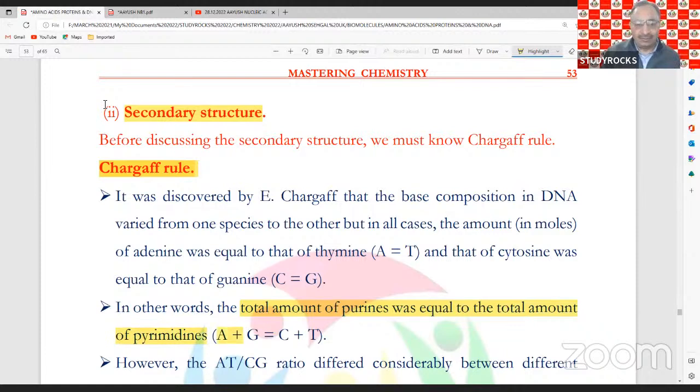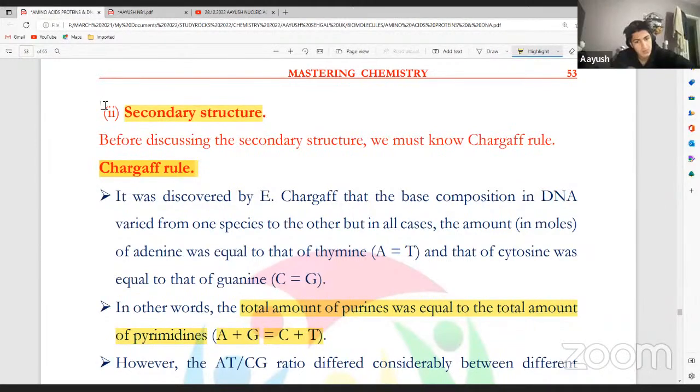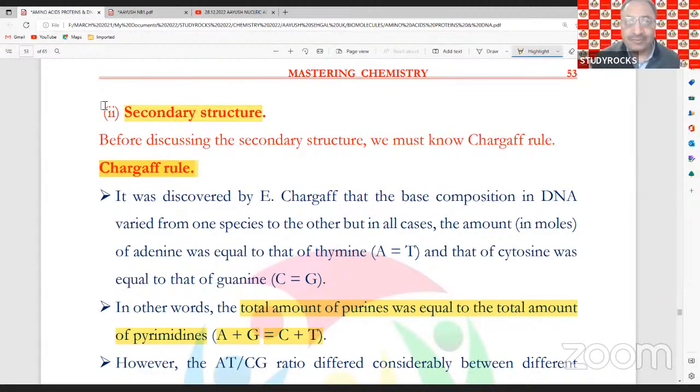A plus G must be equal to C plus T, because A is always going to pair with T and G with C. If there are 100 A's, there must be 100 T's. If there are 1000 G's, then 1000 C's must be there, because guanine is going to pair with cytosine.